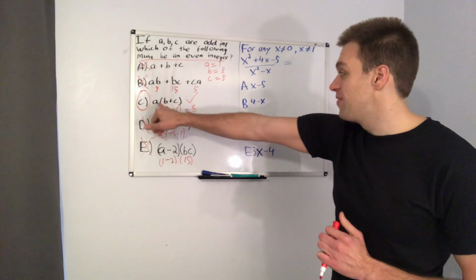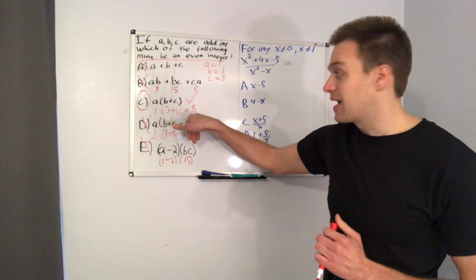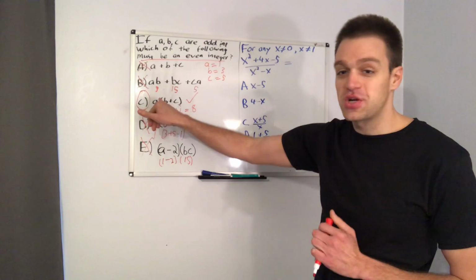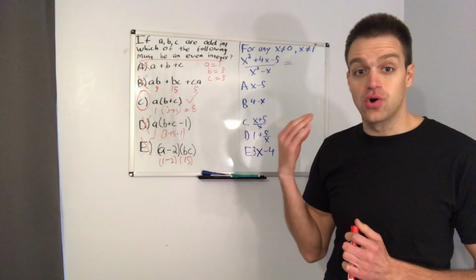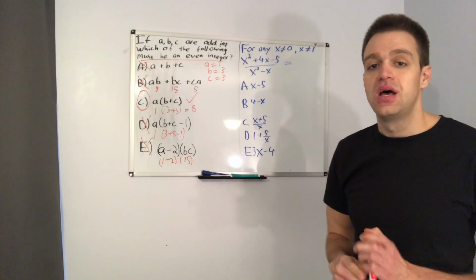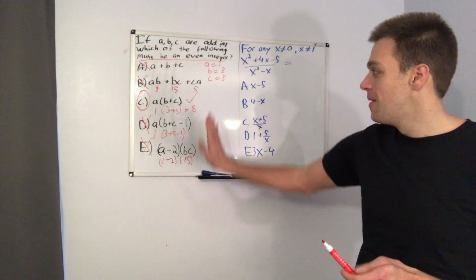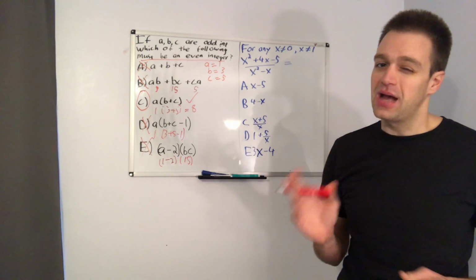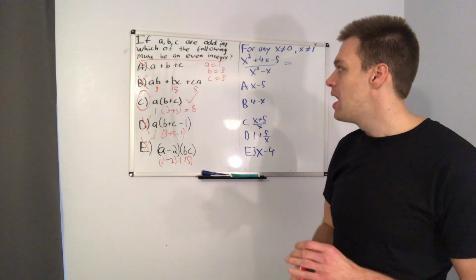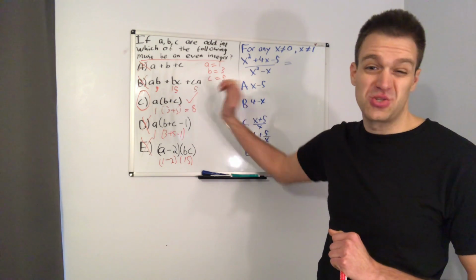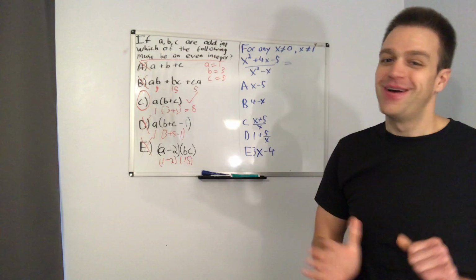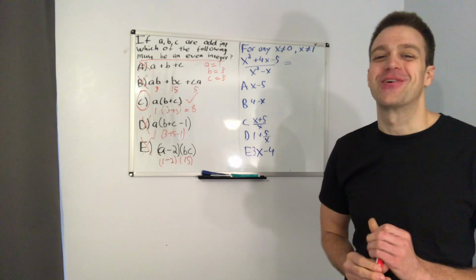So if I pick 3 odd numbers and I get an even number through this expression, it has to be that case all the time that I pick 3 odds. For different types of problems, we would have to go through all the answer choices, but for these odd-even rules, I highly recommend you think about why they're true, and you can always just pick numbers, so you don't necessarily need to memorize them.